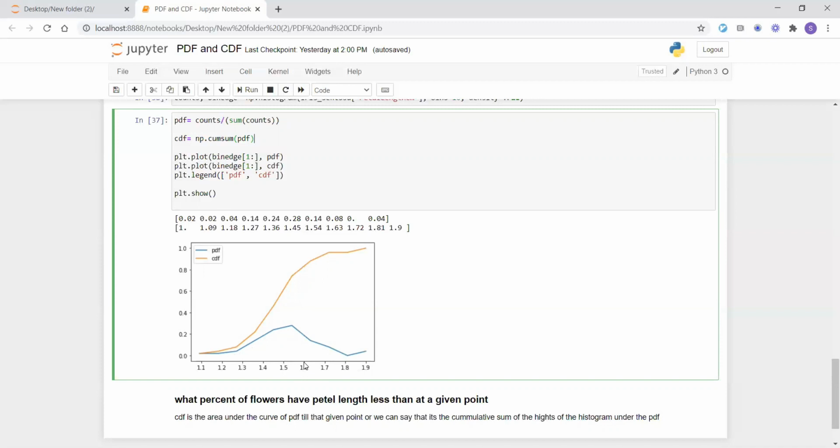This is the CDF. CDF is also known as the cumulative sum of the plots. If we draw a histogram at every point under the PDF and calculate the height of each histogram till 1.6, and then do a cumulative sum of all the histograms, that result would give us the CDF.